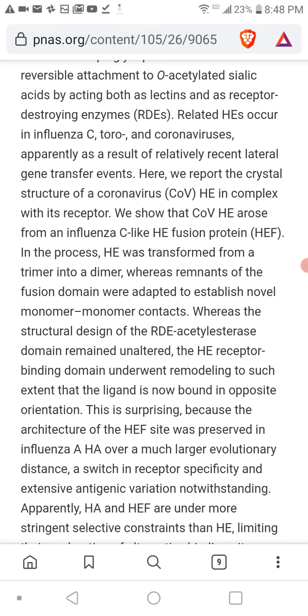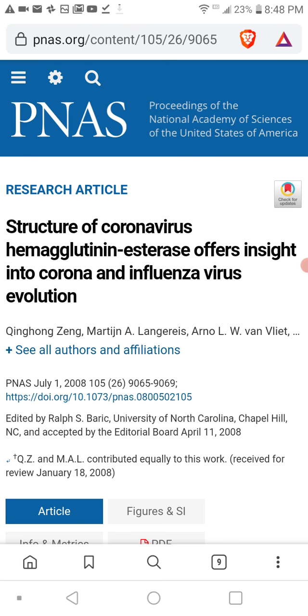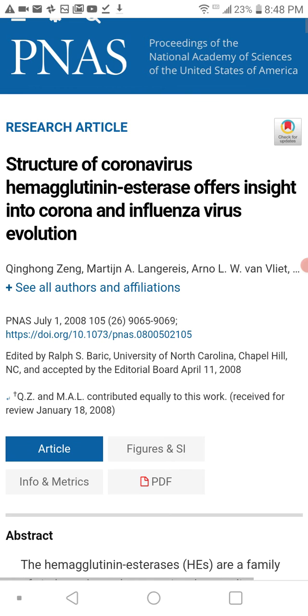It's interesting. This paper right here is one of the most important ones. Proceedings of National Academy of Science. It was written in 2008 by the perpetrators and the makers of SARS-CoV-2, in my humble opinion. And he's talking all about how structures of coronavirus hemagglutinin-esterase offer insight into corona and influenza virus evolution.